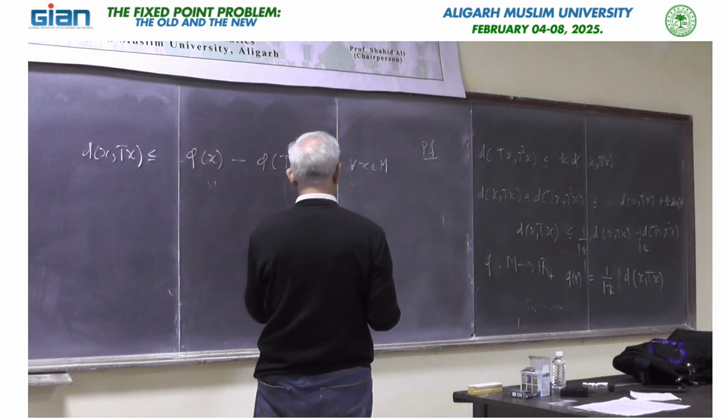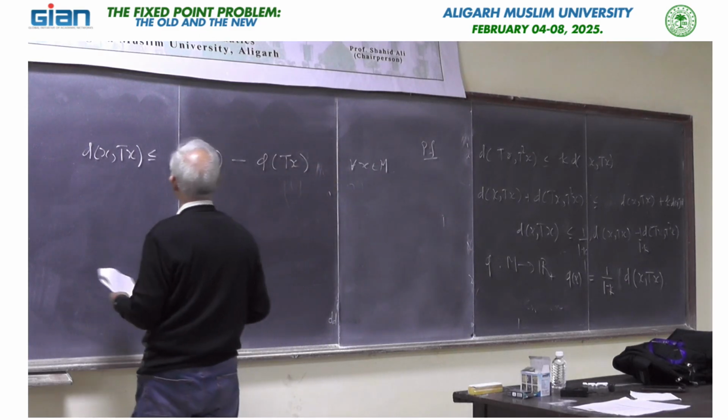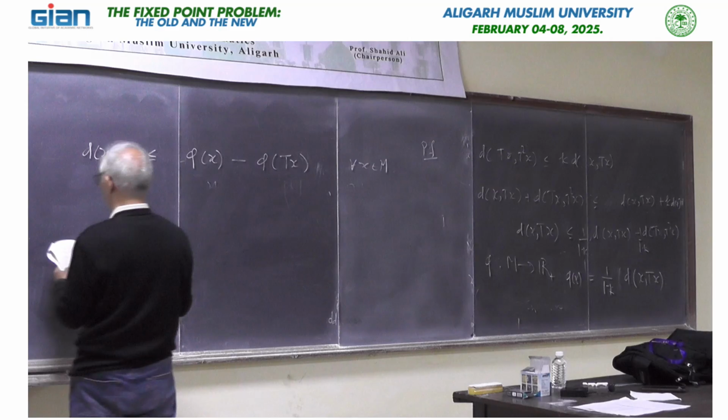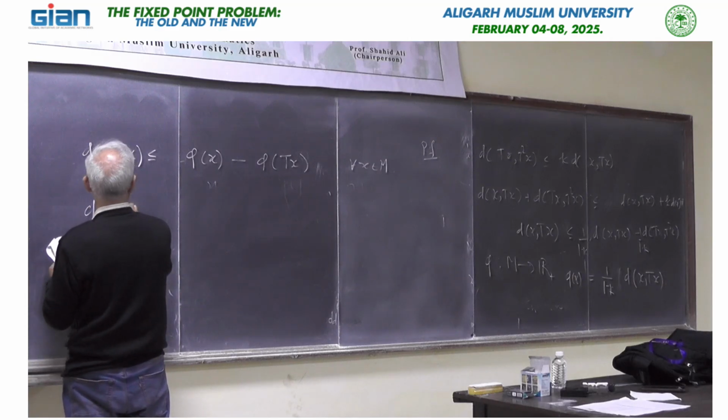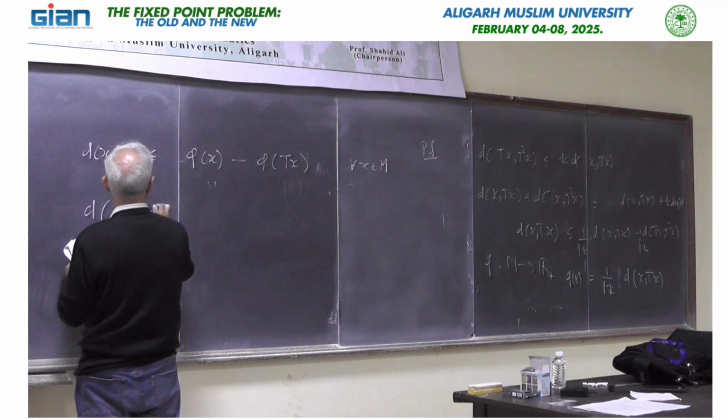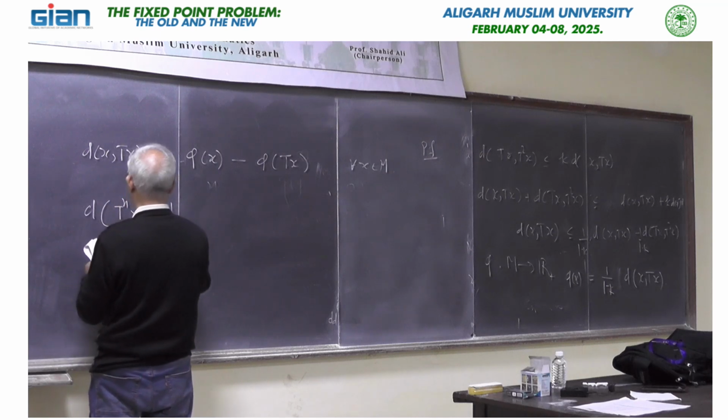Now for a general thing we can write like this: T^n x and T^(n+1) x.